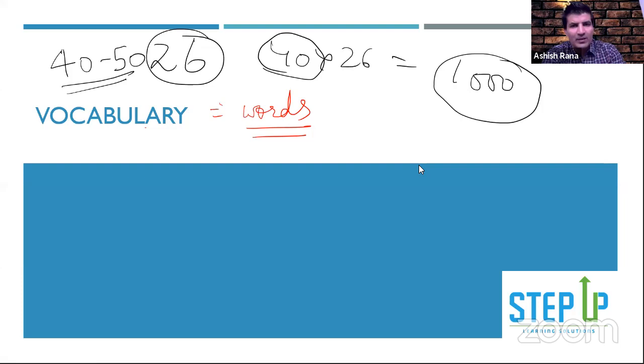Somebody speaks Malayalam, somebody speaks Telugu, somebody speaks whatever language, right? So what I would say we can do to improve our vocabulary is reading. This is the number one thing.